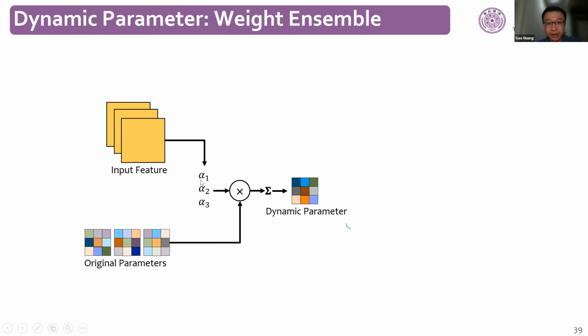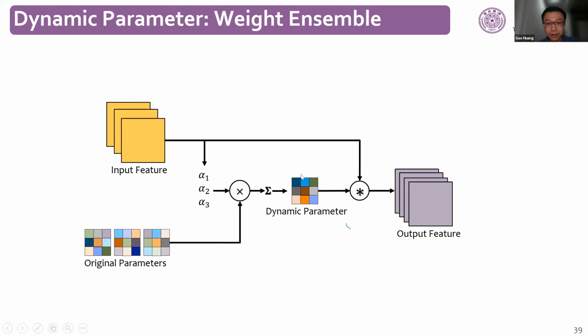So basically, these coefficients are dynamic, right? The values depend on the input. So it's a dynamic ensemble of the original parameters, and this parameter is applied to the input. This is the second idea to achieve dynamic parameters.